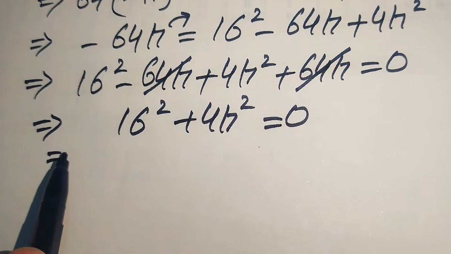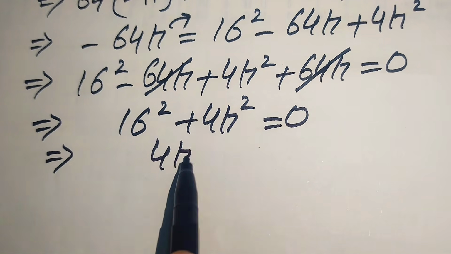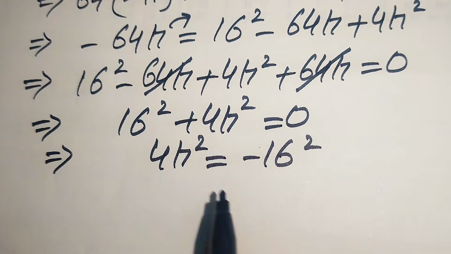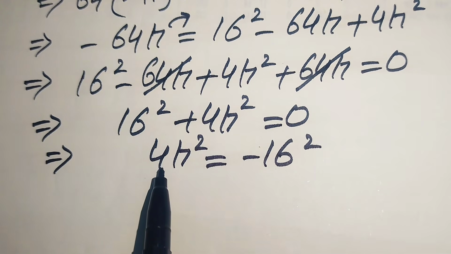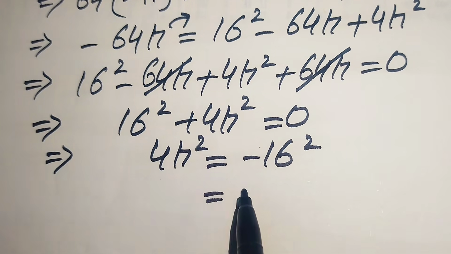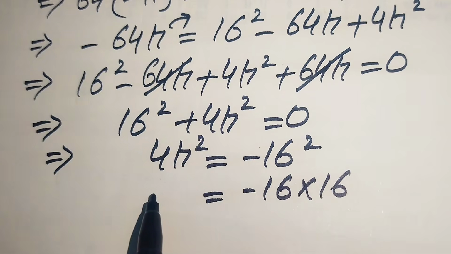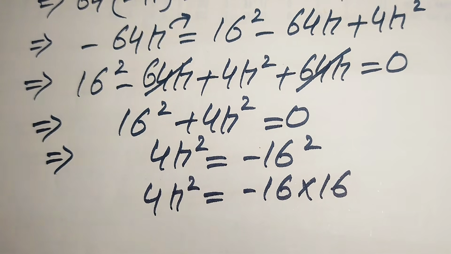So here we move the term 16 square from the left hand side to the right hand side, and it becomes minus 16 square. Now we write this 16 square as 16 multiplied by 16, and this is 4 times h square.